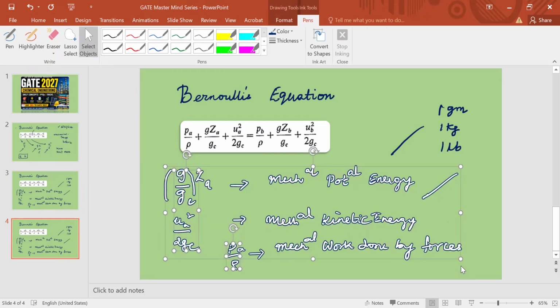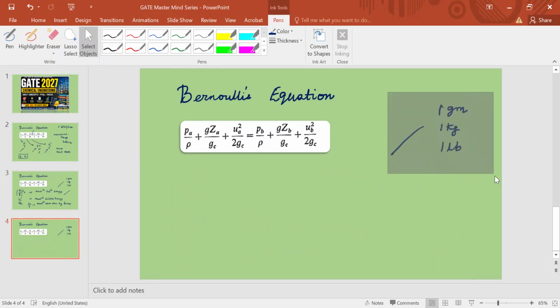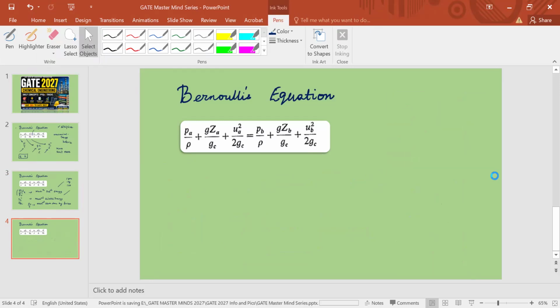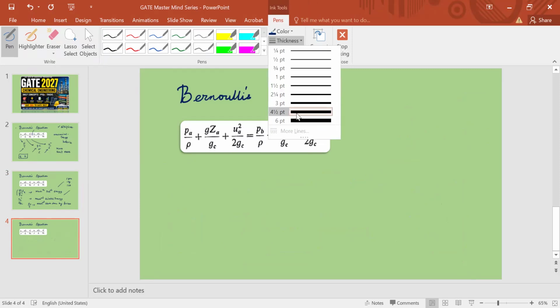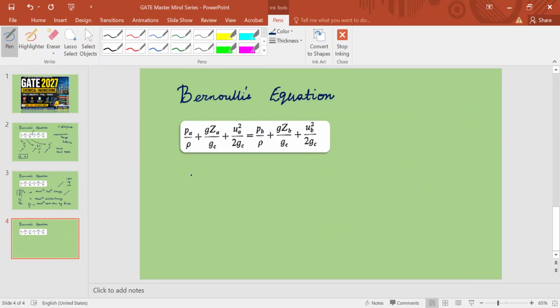Let me remove this here, and remove this here. Okay. Now the other thing I would like to say, the simplest form. I want to write it in an easy form. So ultimately, I want to write this in a simpler form. So how do I write?